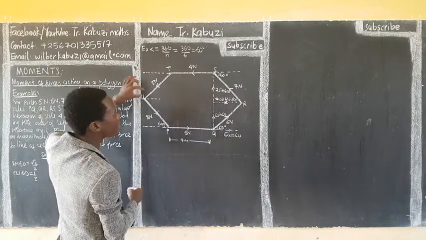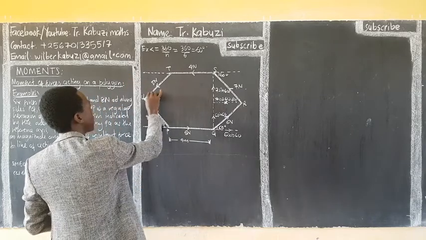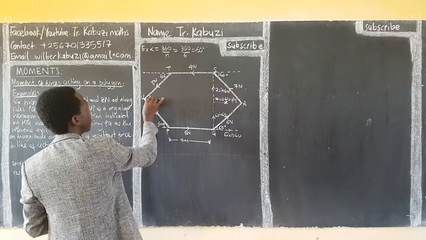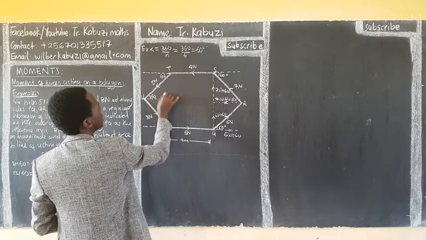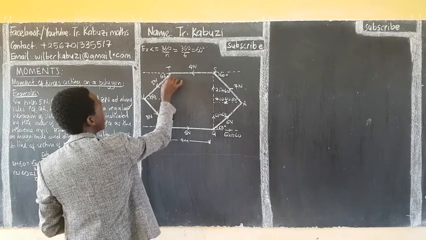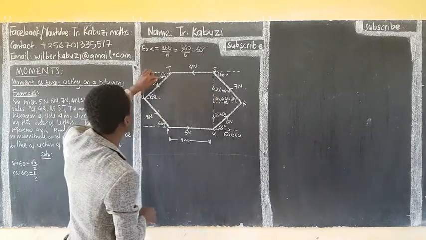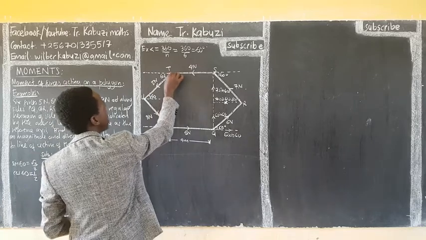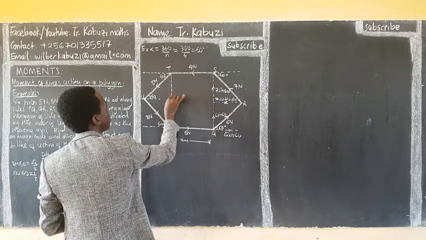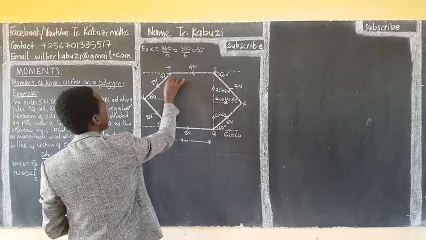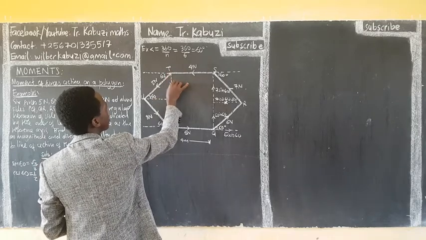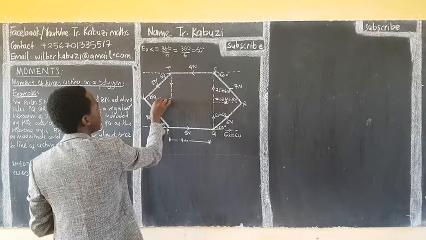We come to this. We always try to put them inside. So if this is 60, then this one is also going to be 60. So we try to resolve now this. You see it's going like this. So from where it's coming from, this force is now going to come like this, then like this.